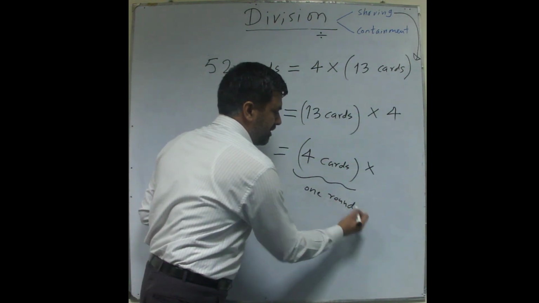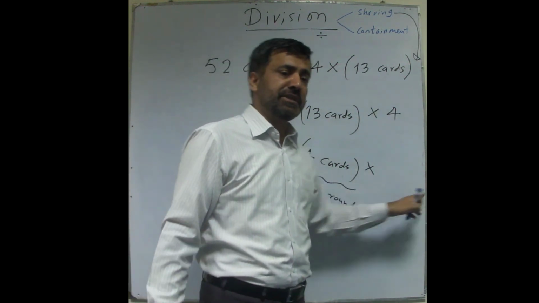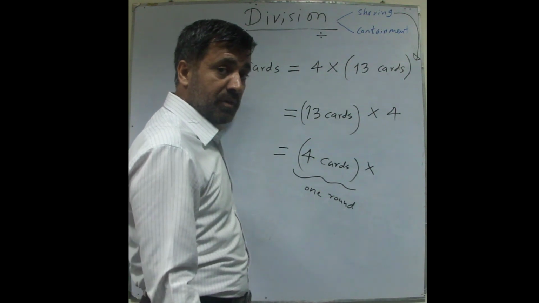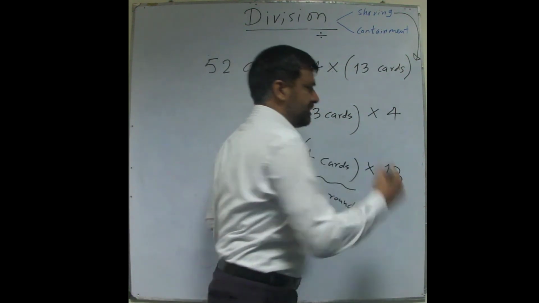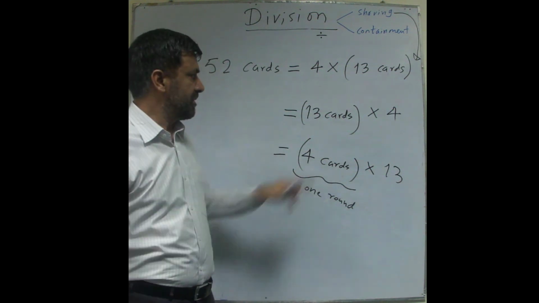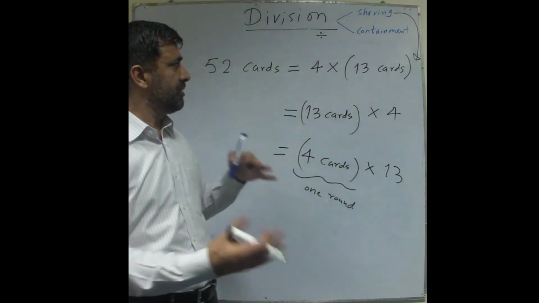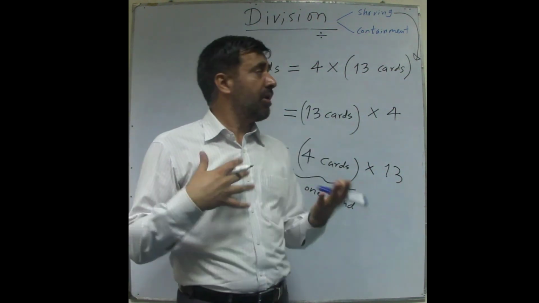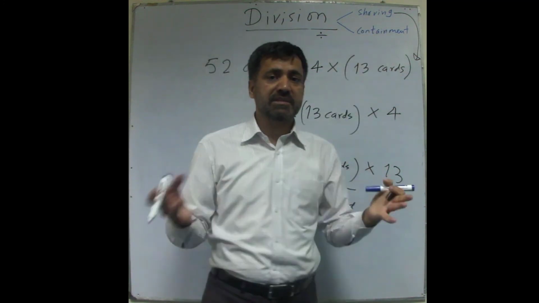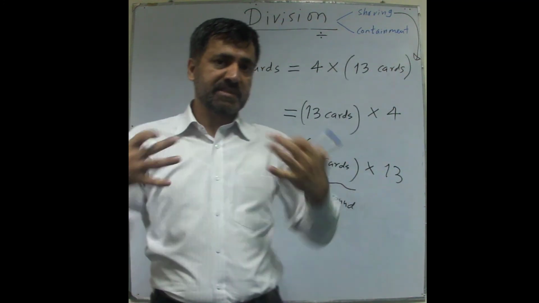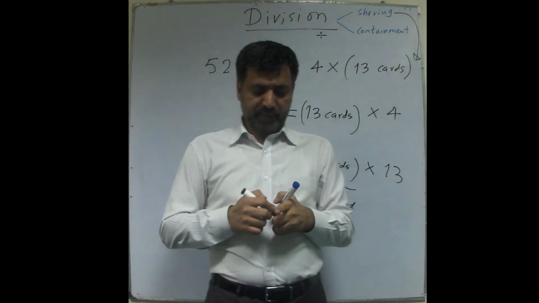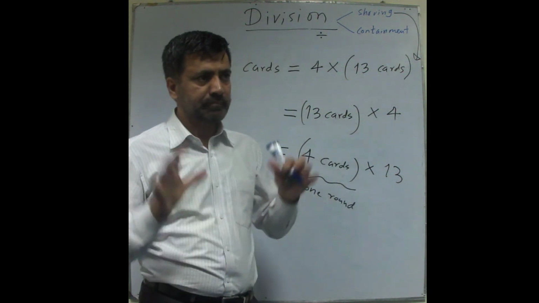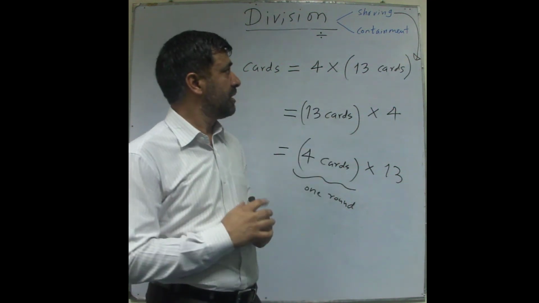Now, how many rounds do you need to exhaust all those cards? And it turns out to be 13. Similarly here. So you should always have these 2 interpretations in mind when you are discussing division, because this is a very powerful way of looking at problems.